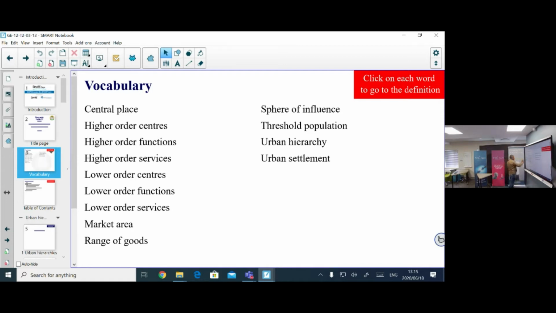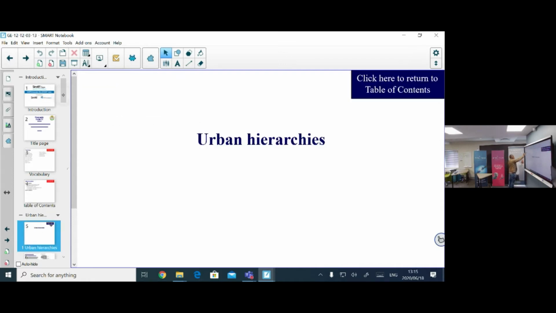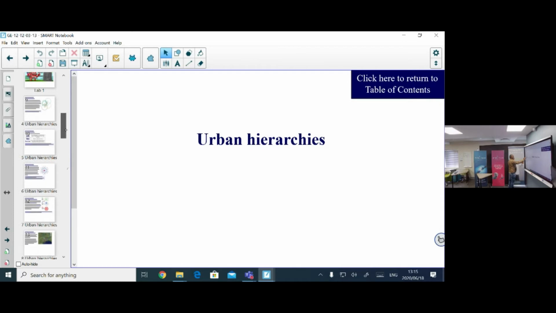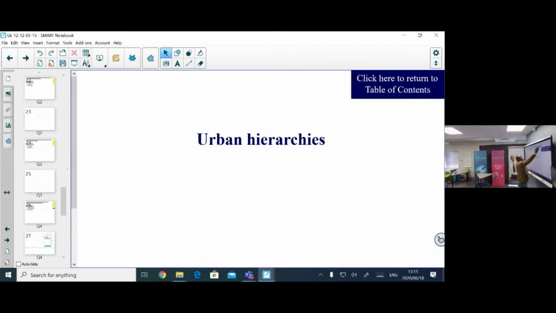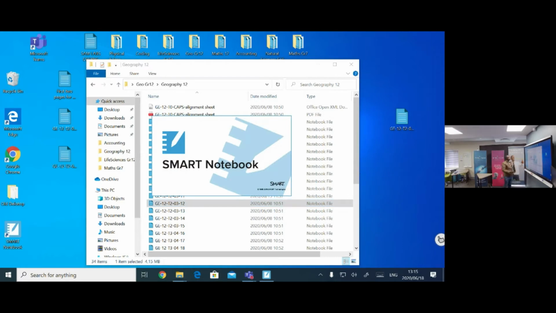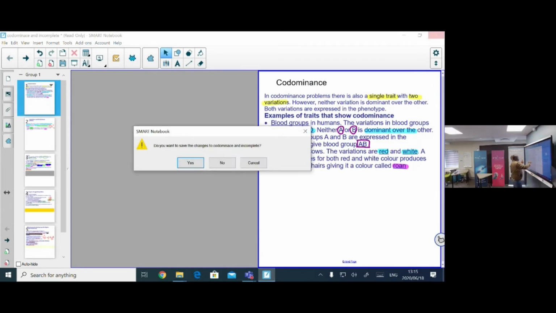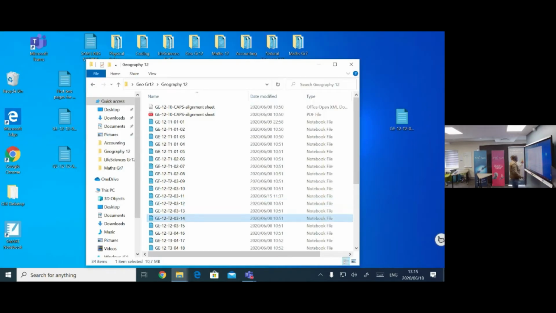It seems it is opened. Let me check. It looks like it opened the very lesson that we did. What is wrong with this board now? Let's go to lesson 14.